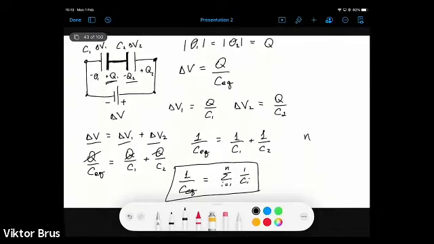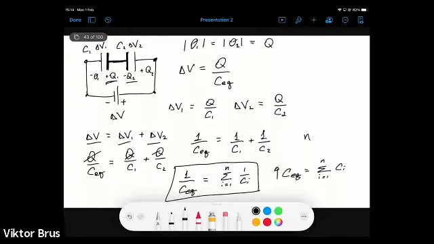So what is important here, if we compare with the similar equation which we derived for the parallel connection of capacitors, it was C equivalent equal to the sum from i equal to 1 to N of Ci. So it means that by adding more capacitors which are connected in parallel, we increase equivalent capacitance, and by adding more capacitors which are connected in series, we decrease equivalent capacitance.